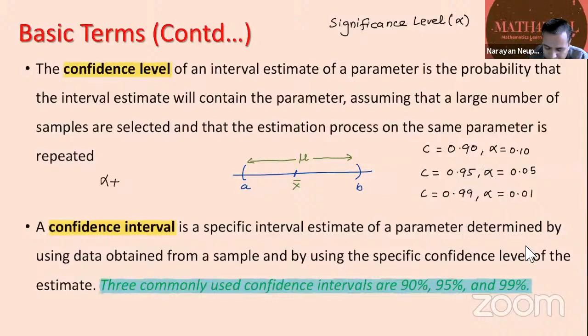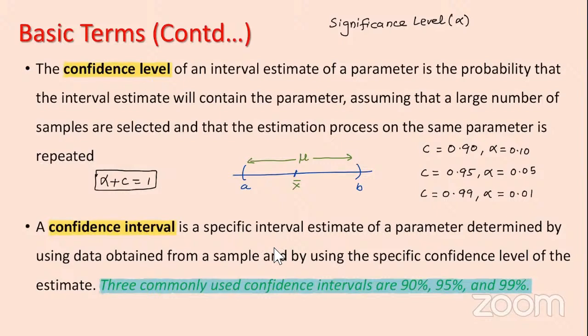So alpha plus C is always equal to 1. Alpha is the significance level and C is the confidence level. And if we construct the interval with a certain confidence level, then we call it confidence interval. Before we move on, do you have any question here?